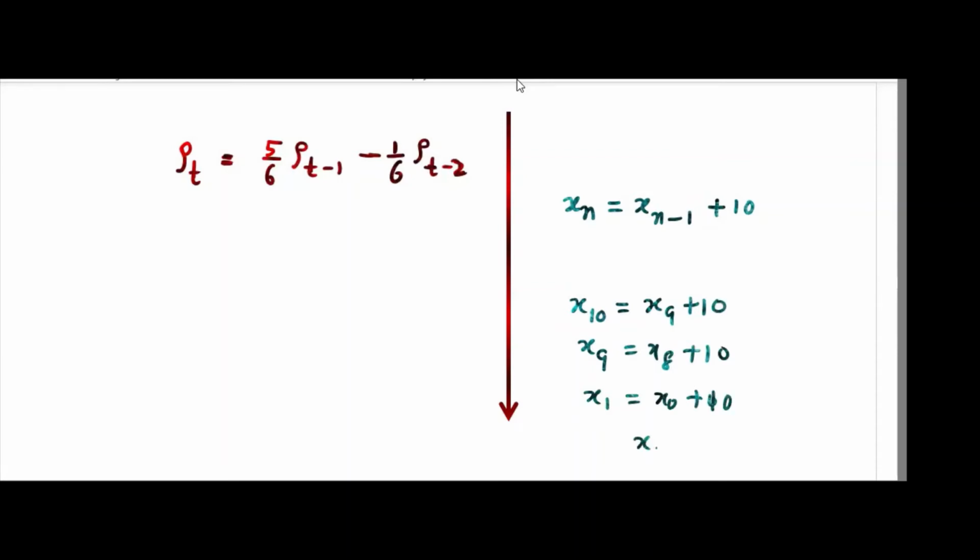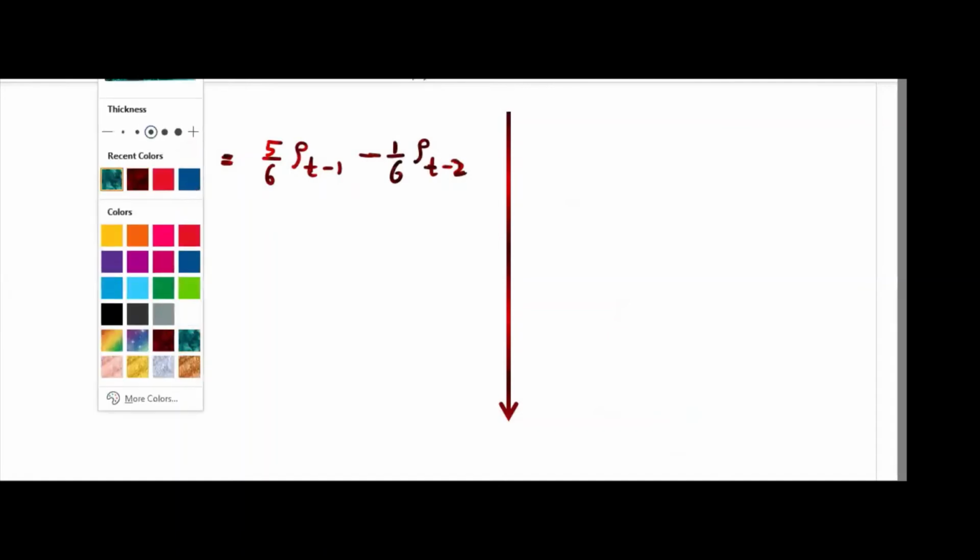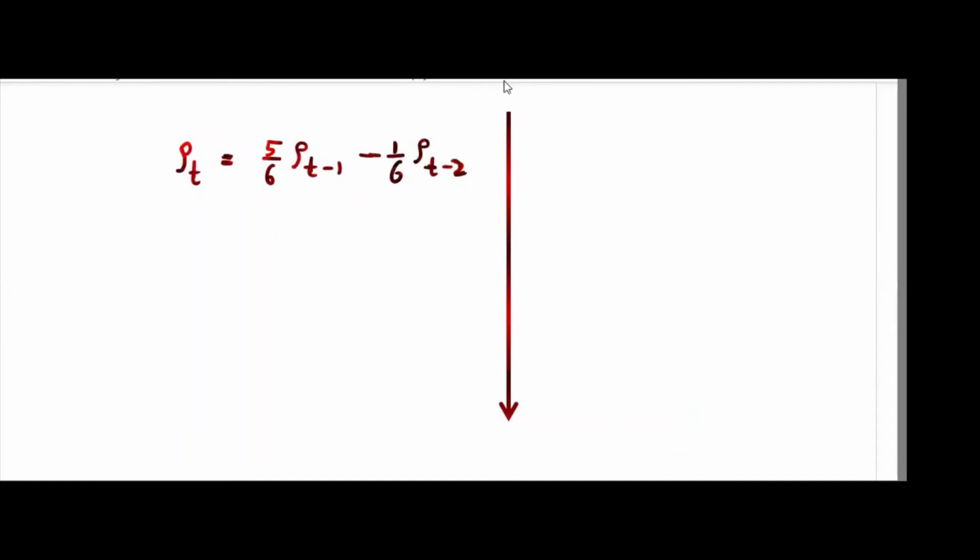So if you know x0, put here, you get x1, put here, then you get x2, x3, xn. You can find directly. This is first order, okay? Only one term lag is here, so it's easy to solve. You don't need to use any equation. But if I write 2, then that will create a problem, okay? Difference equation, you can compare it with differential equation. We are doing discrete. In continuous, it will be differential equation.